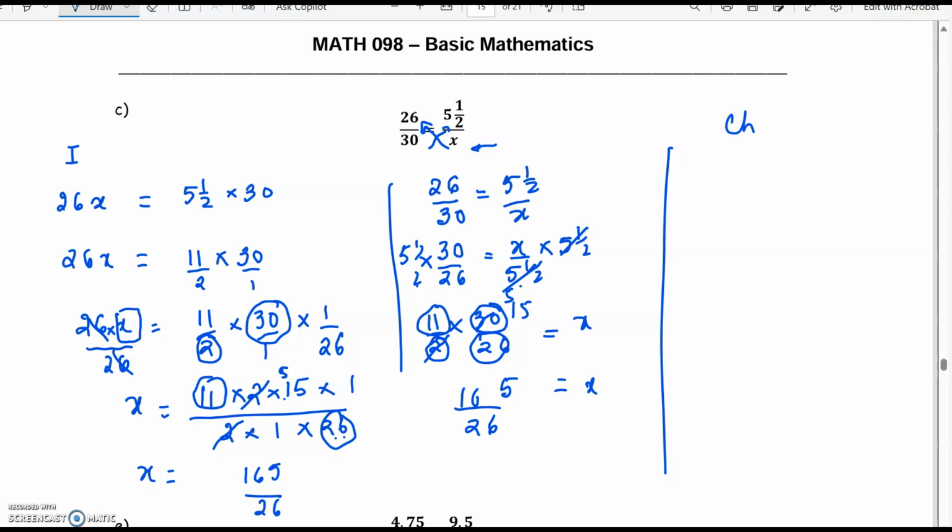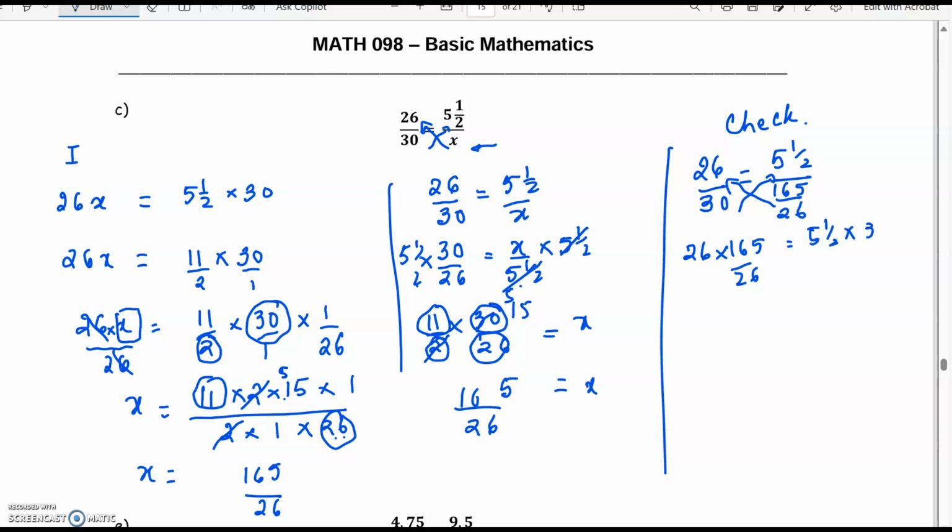How do we check our answer? Sometimes checking the answer takes a long time, but if you have enough time, make sure you're checking the answers by plugging the answer back into the equation. So we have 5.5 divided by 165 over 26. So we cross multiply. 26 times 165 over 26 is equal to 5.5 times 30.